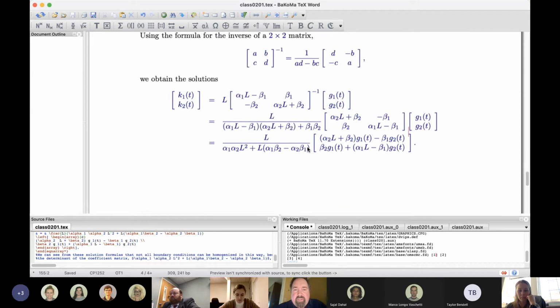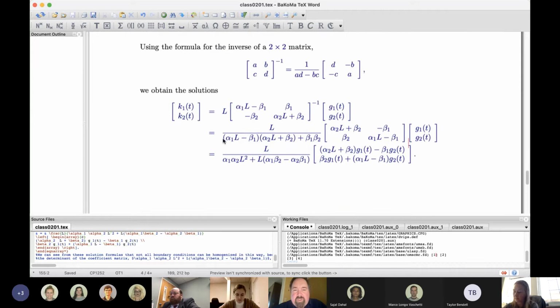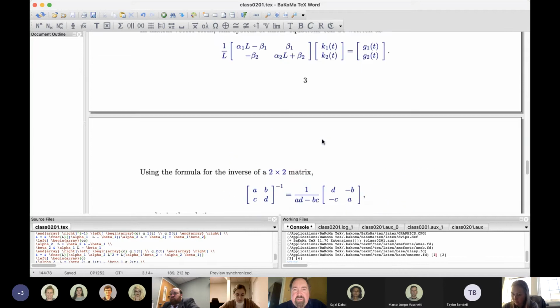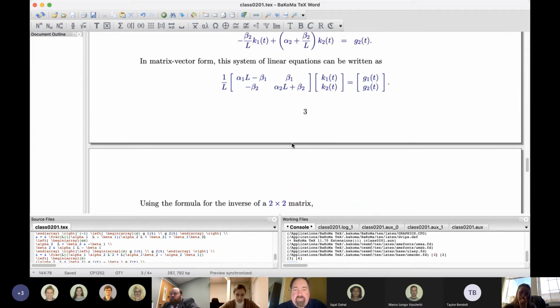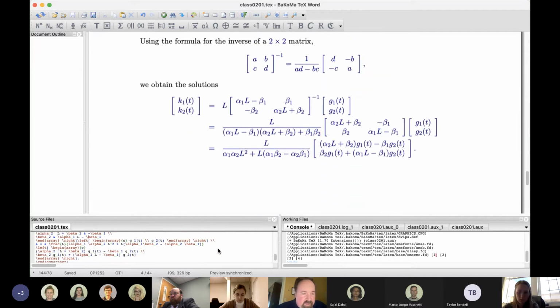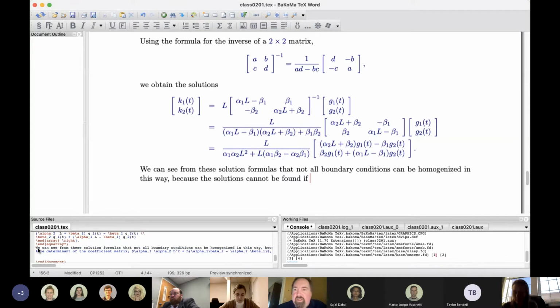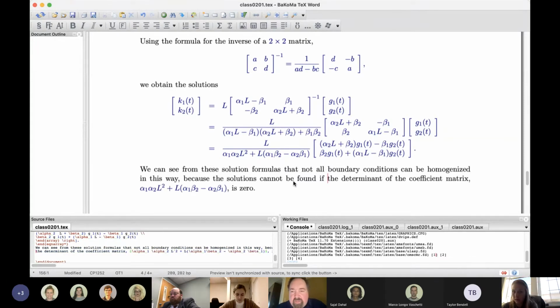But one thing to keep in mind is this denominator here is the determinant of its matrix. So you have to keep in mind that the determinant can be zero.